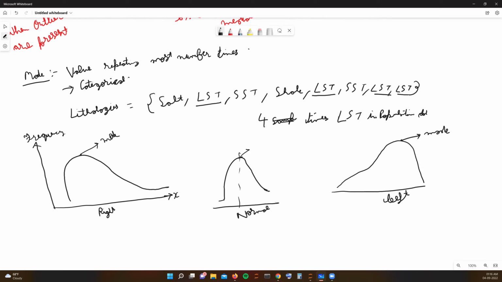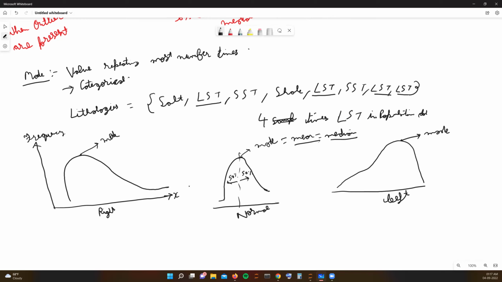For normal also, this will be your mode. The most frequent number that is repeating. In normal distributions, your mode, mean, and median are the same point itself because 50% of data is on this side, since these are just mirror images of each other, and 50% is on this side. So median is also the same, and mean will also be the same in normal distribution.